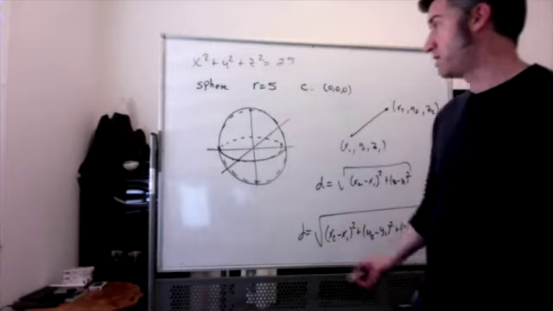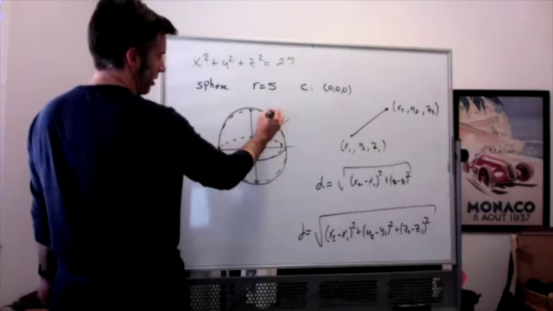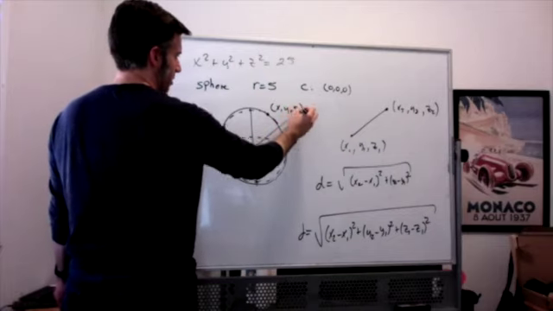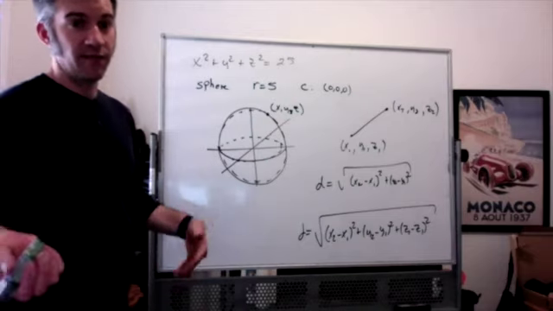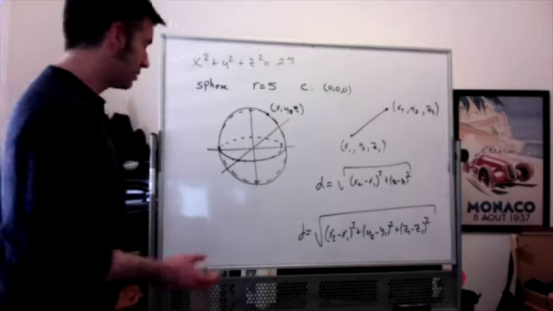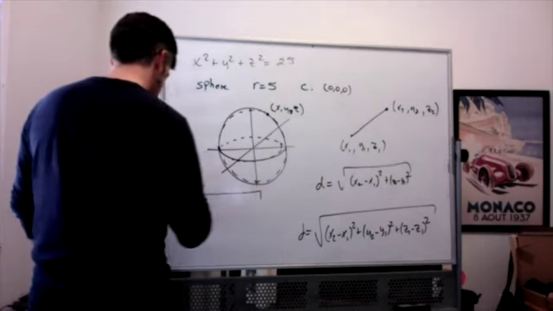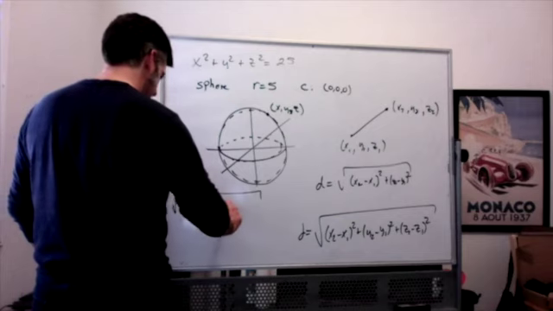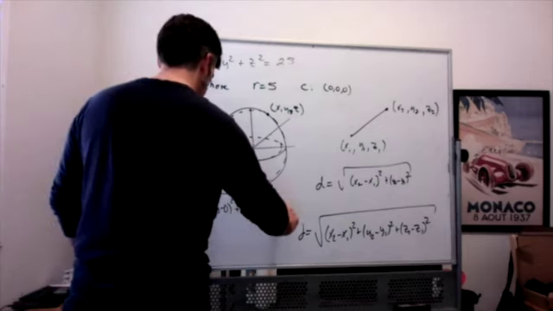Basically, the idea is that any point (x, y, z) on the sphere is a distance of 5 from the center. So the distance between this point and the center, the square root of (x minus 0) squared plus (y minus 0) squared plus (z minus 0) squared, equals 5.